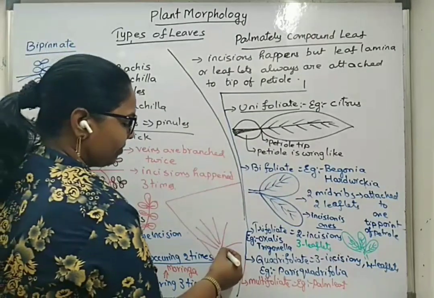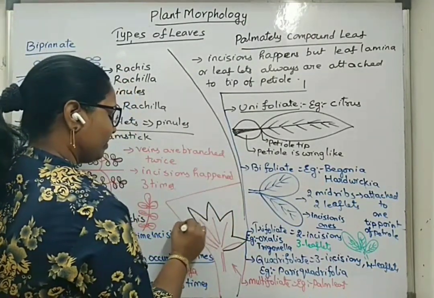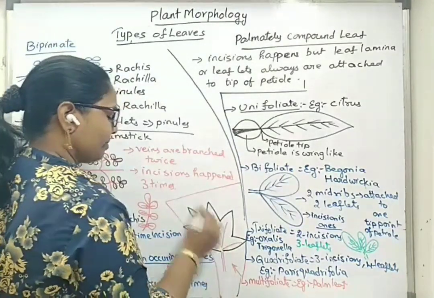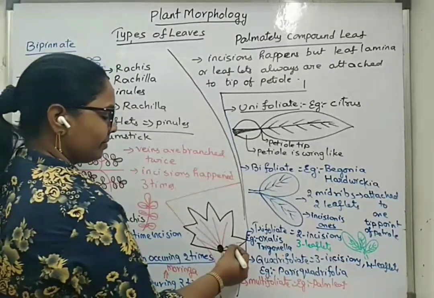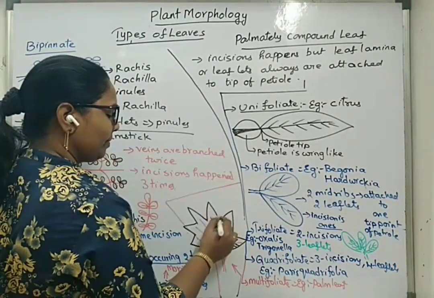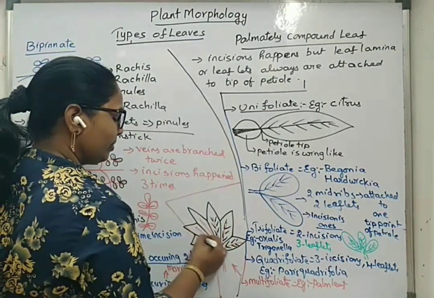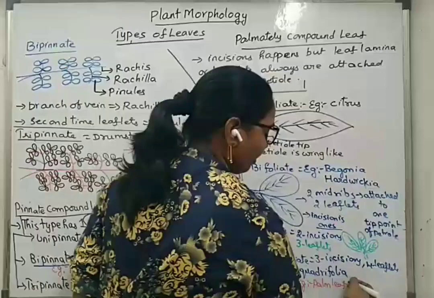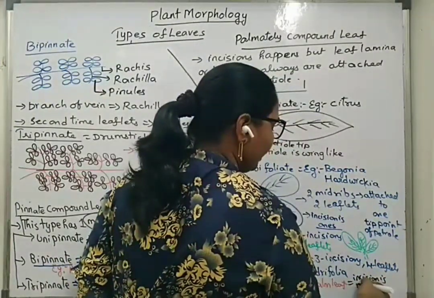In a palm leaf, all are joining at one common point. Here we can see the incision is many times.